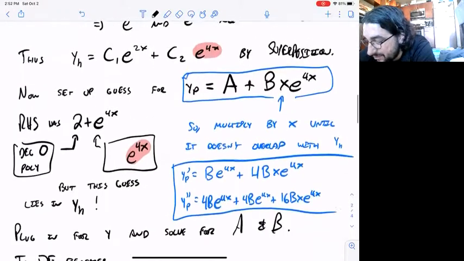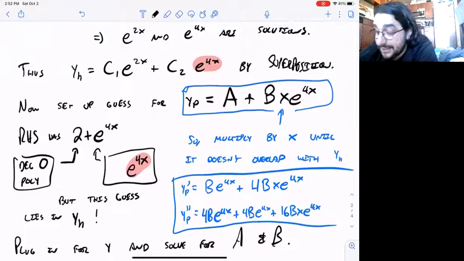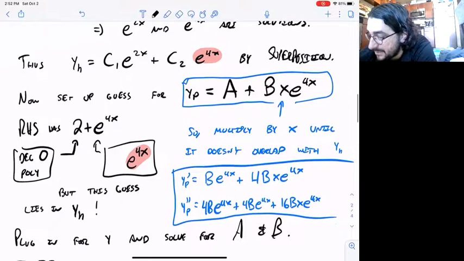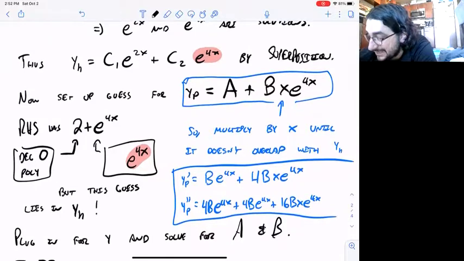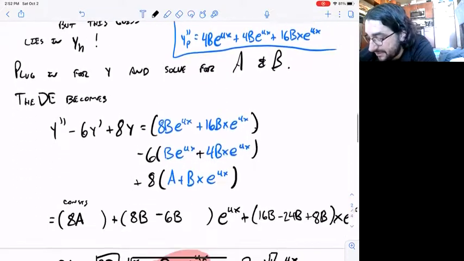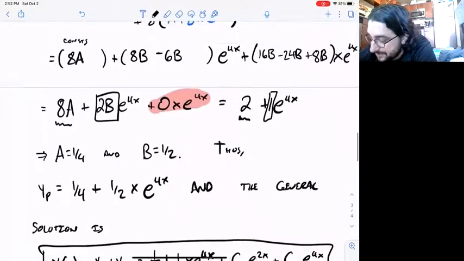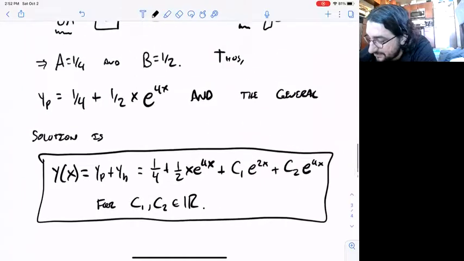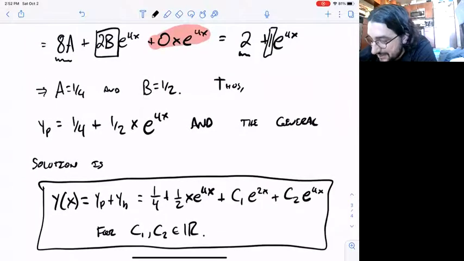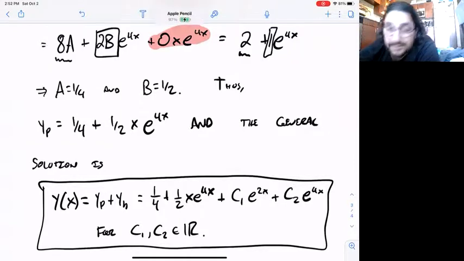It would not have worked had we guessed e to the 4x. It would have just zeroed out, and there would have been nothing to solve for because it was in the homogeneous. That's what it means to be in the homogeneous. But instead, we did x e to the 4x instead of just e to the 4x. And that multiplication by x is what made it work. So there we go, just showcasing a little bit more complicated use of this technique.